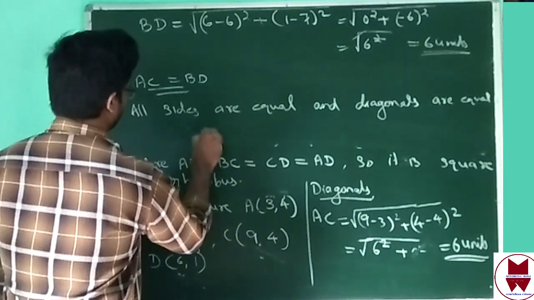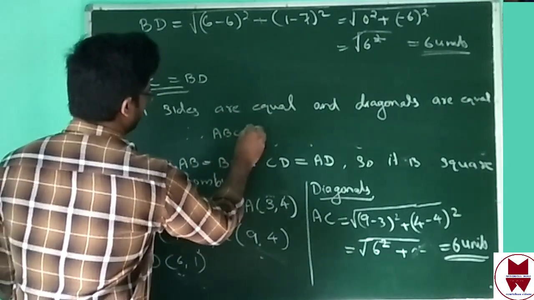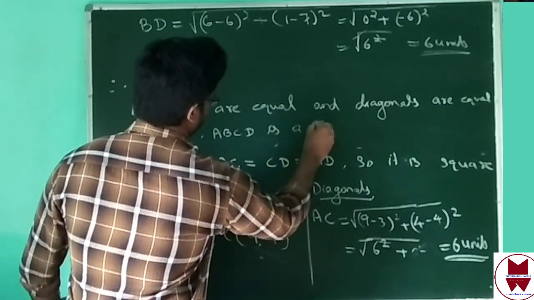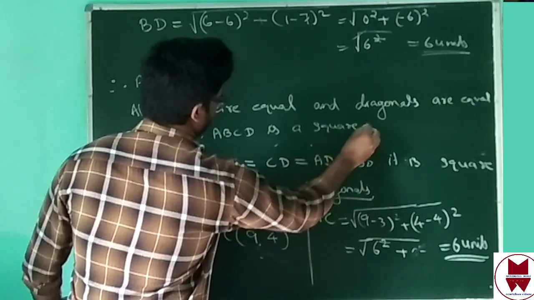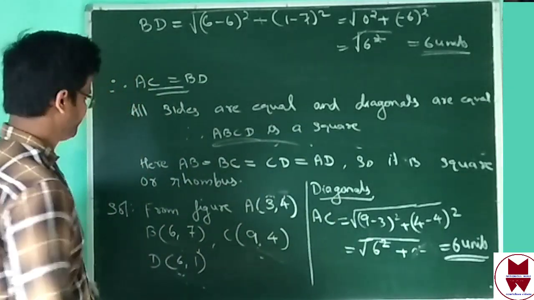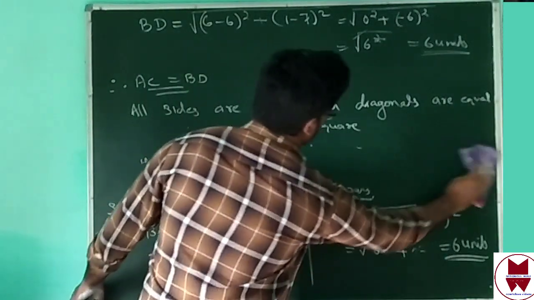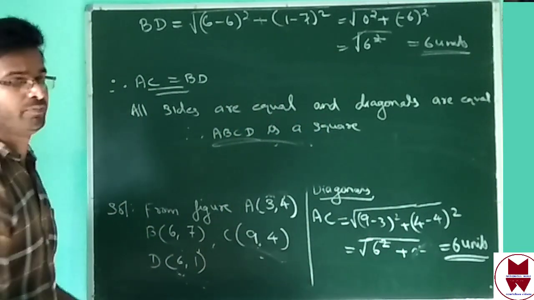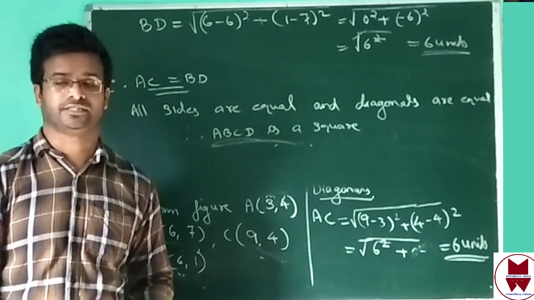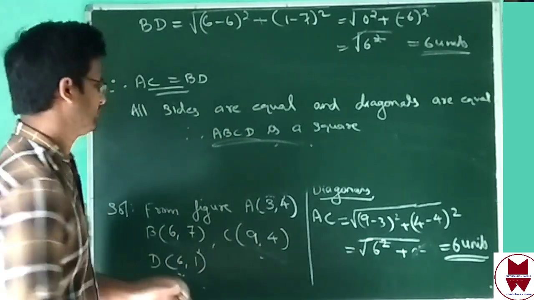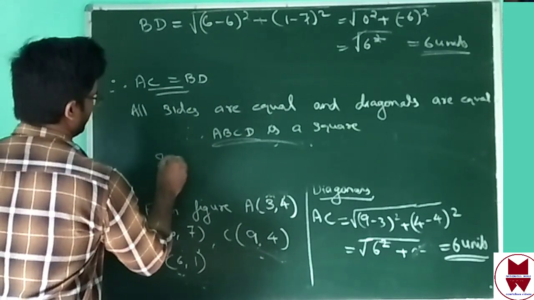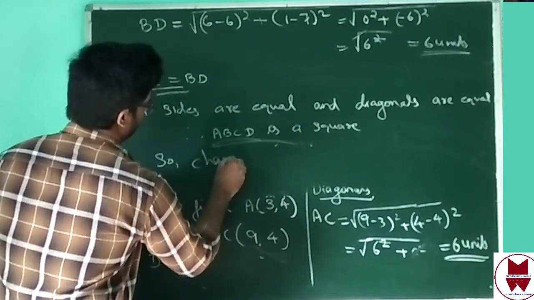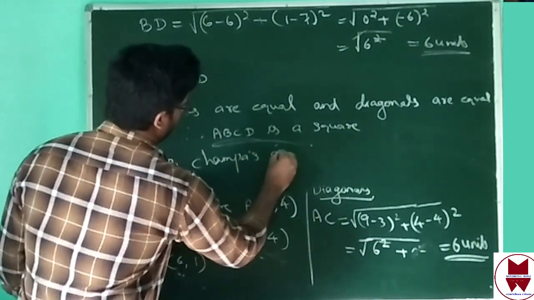Then therefore ABCD is a square. ABCD is a square. Then who will be correct? Chamba or Chamali? Chamba told that it is a square, isn't it? Then we can write, so Chamba's answer is correct.